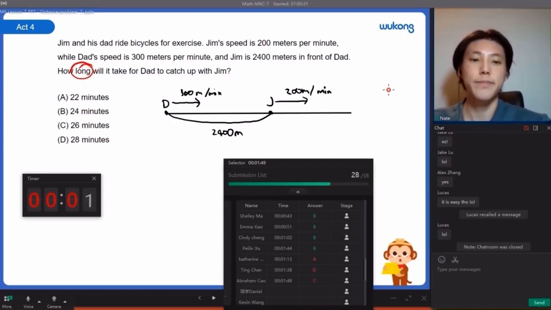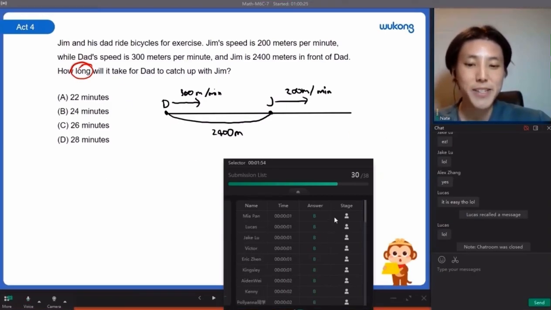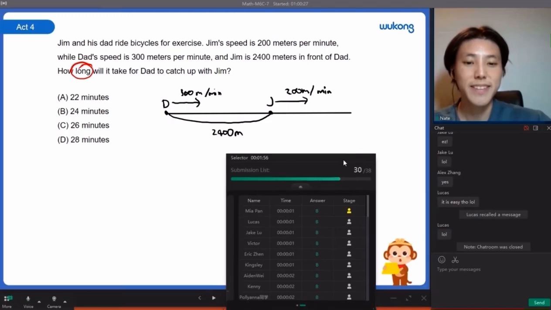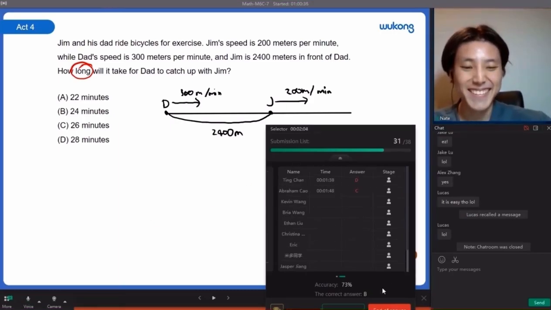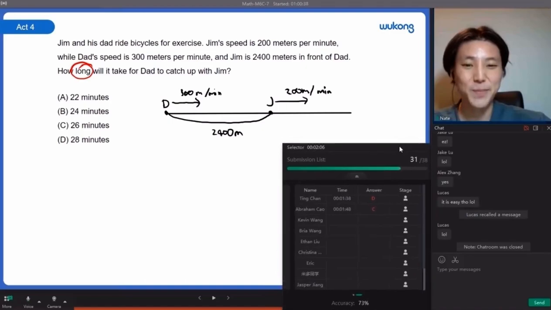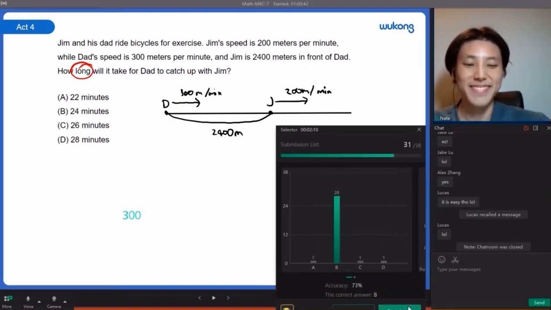Okay, now Mia, please come up on stage. Hi, Mia. How did you solve this so quickly? So we did 300 take away 200, which equals 100.